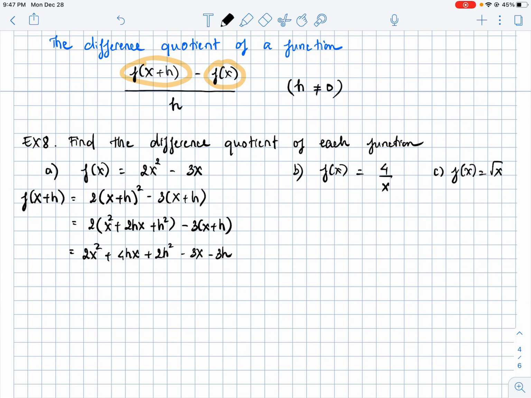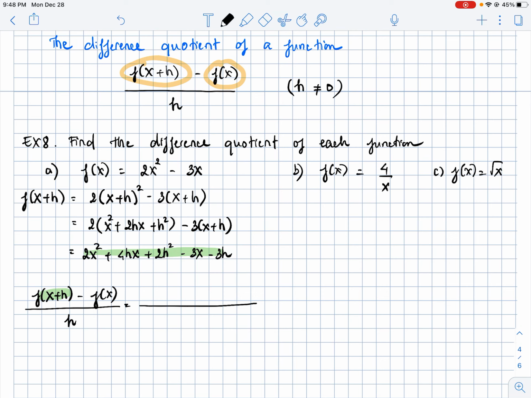Now we write down the formula of the difference quotient of a function. On the top, there are two functions f. I just calculated the one that we input, the x plus h. So right here, this is the f of x plus h.